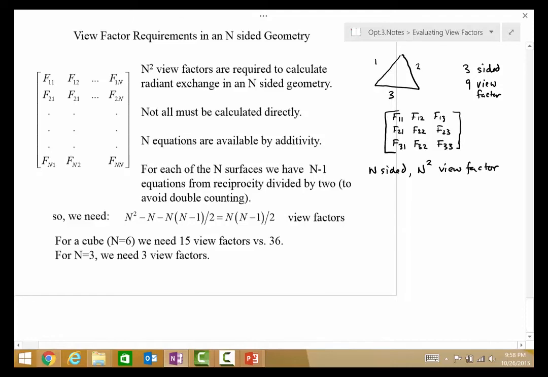Taking the three-sided enclosure as an example, we have reciprocity.